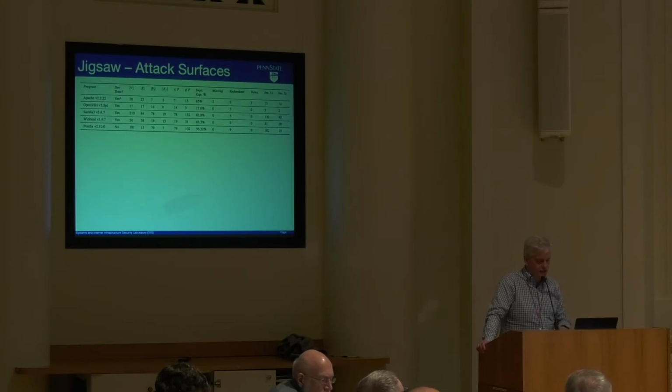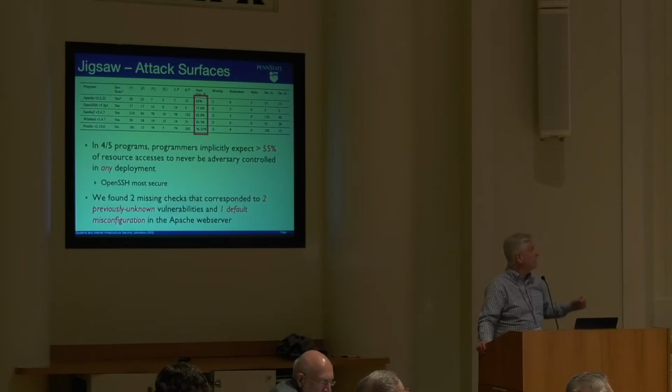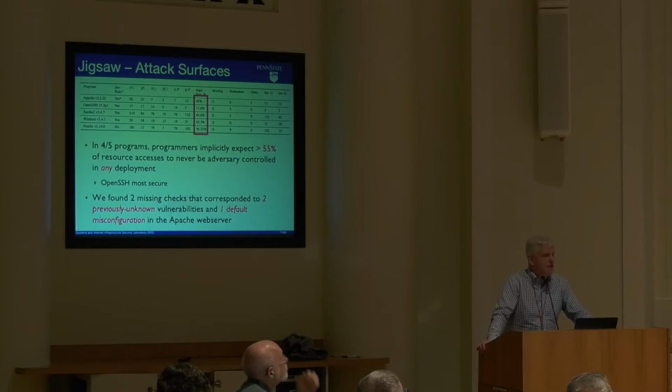So anyway, what we did was we looked at a number of programs, and we found in this column here, these are the number of entry points that are not defended by the program. And so OpenSSH defended over 80% of the interfaces, which is fairly unusual, whereas for all the others at least 55% of the entry points were not defended.